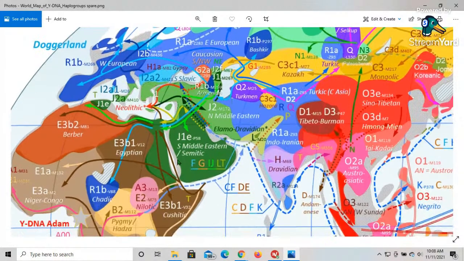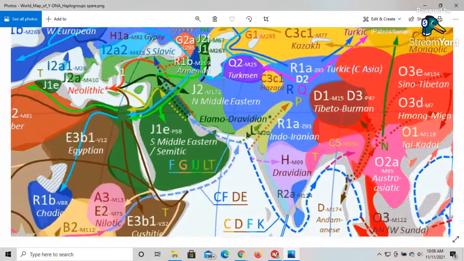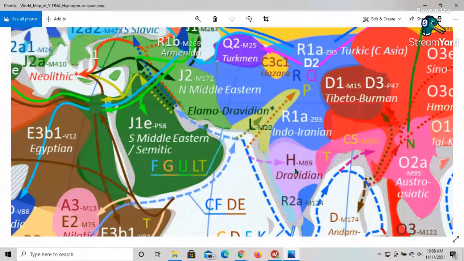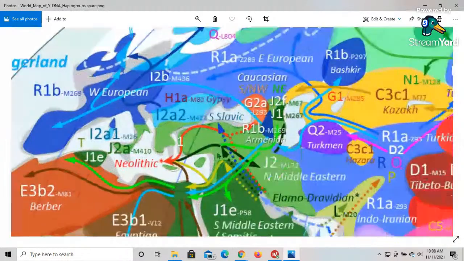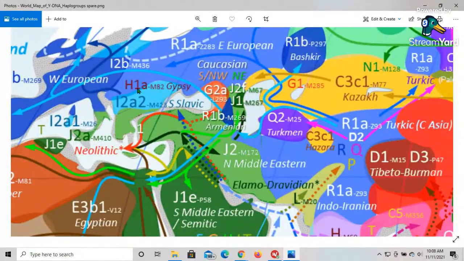And notice all these E3s. These are the sons of Ham themselves. This is Put. This is Mitzrayim. This is Cush. It's even called Cush to this day. And look at this, Elamo-Dravidian. And look at the Y chromosome of the Dravidians, H. That's the Elamite Y chromosome, which of course is up in Europe, Gypsy, H1.